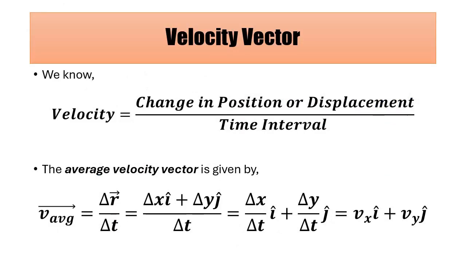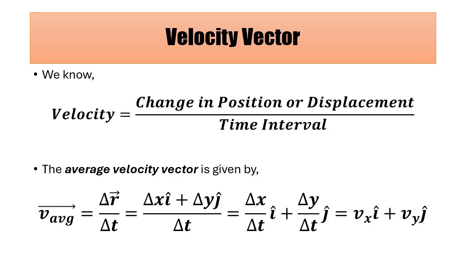Now the velocity vector. We know the basic definition which we have discussed in one-dimensional motion. Same here: change in position or displacement divided by the time interval. As motion in a plane, vectors have come into play, so here we have the average velocity vector.